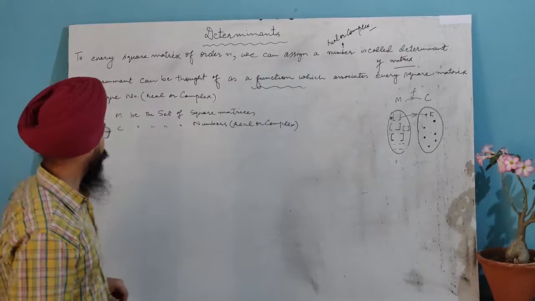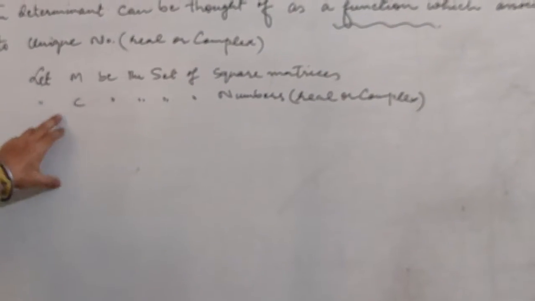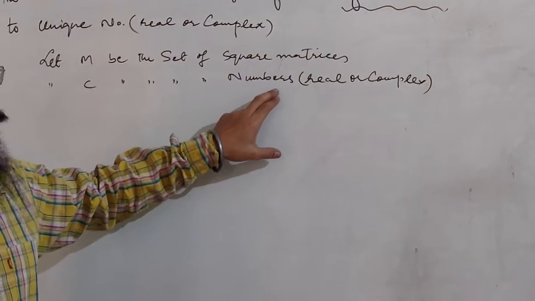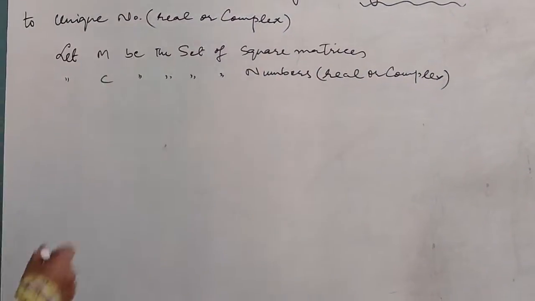This is very important. Let us see. M is the set of the square matrices. Let C be the set of the numbers. That can be real numbers or complex numbers.